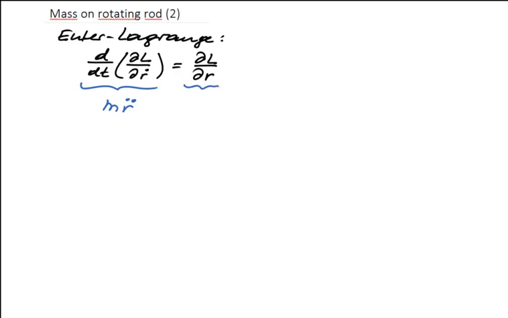On the right-hand side, well, the dependence of the Lagrange function on r was of the form m half omega squared r squared. We take the derivative of that, we get m omega squared r.